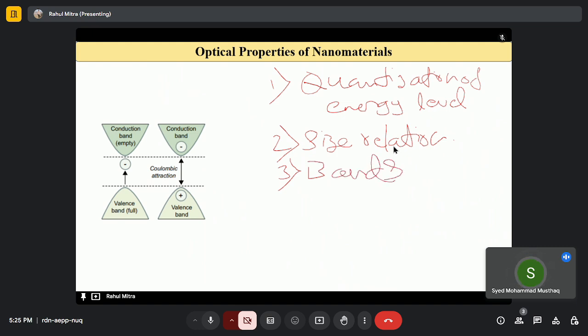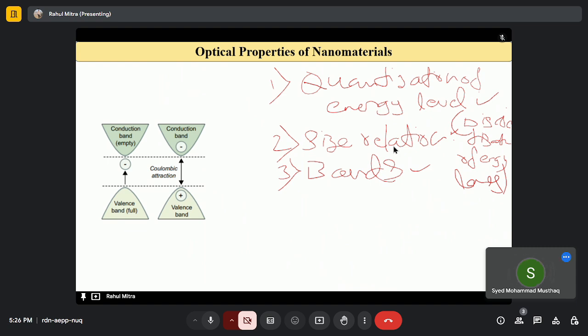What do you mean by bands? The overlapping of orbitals in a metallic system or any other system, right? So, what do you mean by quantization? Quantization is nothing but discretization of energy levels. I have just explained this in the density of states.